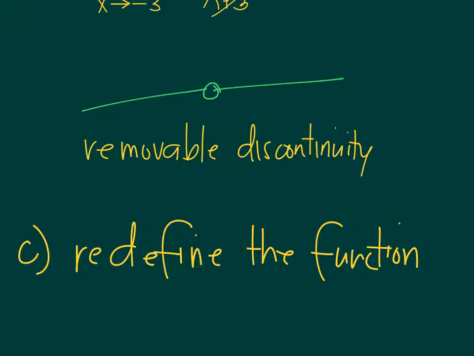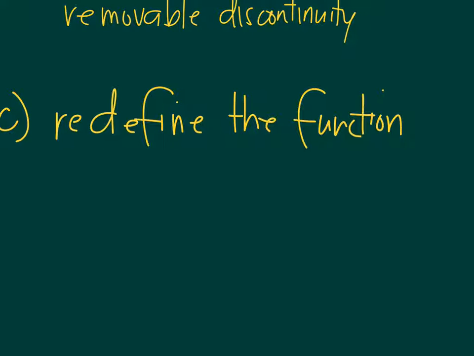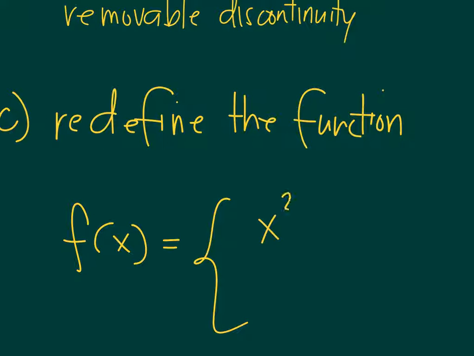If that is the task, what you need to do is to create a piecewise function. So consider the original (x squared minus 9) over (x plus 3). When you redefine, remember the limit value that we obtained, negative 6? You place that on the new function.